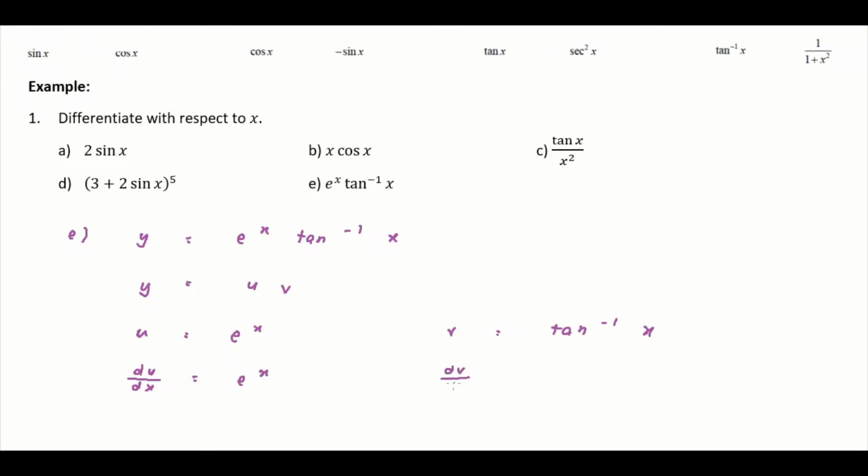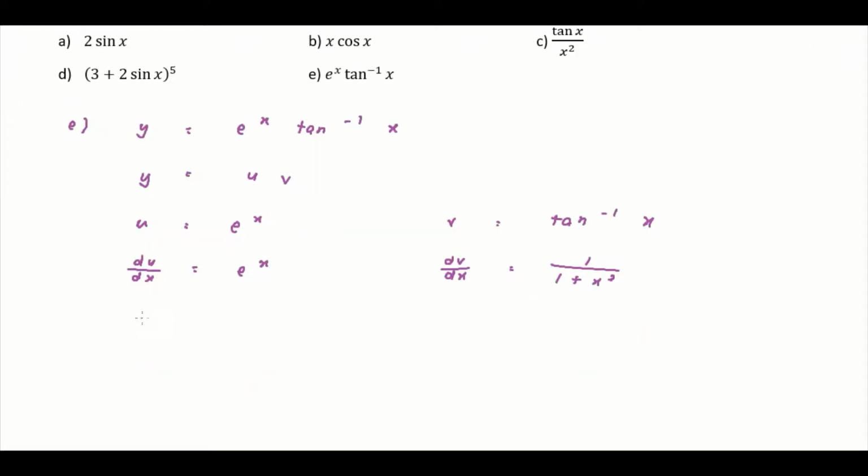Then after that, same thing, dv/dx. Okay, so tangent inverse x, after you differentiate, then you get 1 over 1 plus x squared. Okay, so as simple as that, then we try to put them together. So dy/dx equals u dv/dx plus v du/dx.